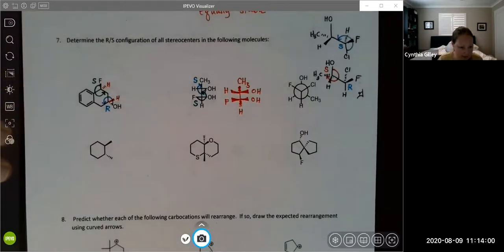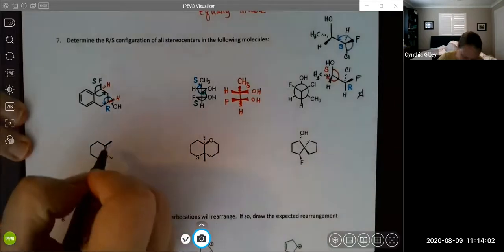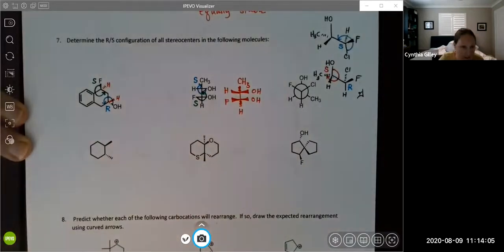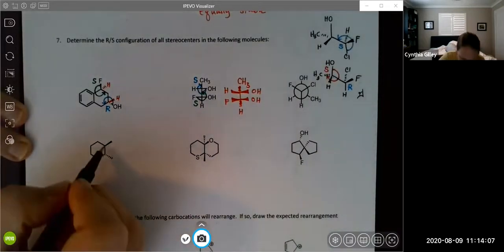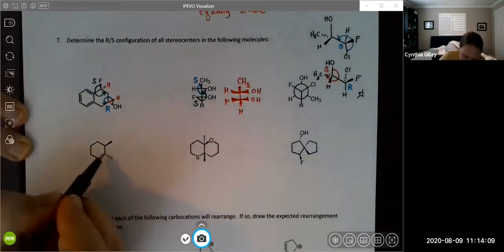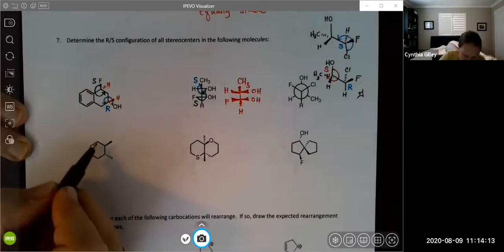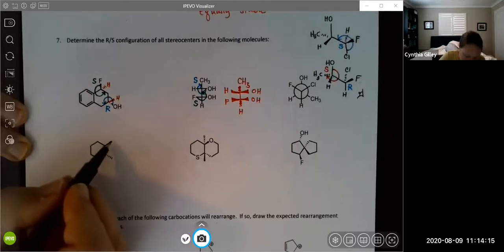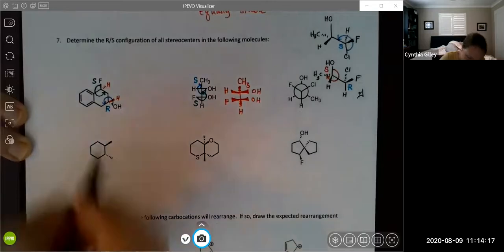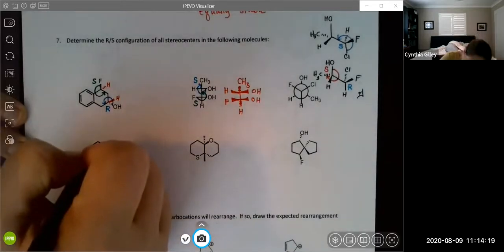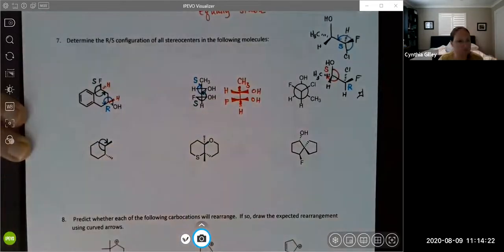Okay. So the next one, we have trans-1,2-dimethylcyclohexane. So in terms of the priorities for this carbon, this one is the highest priority because it's going to have 2 carbons attached, then this one that has 1 carbon attached, then this one that has only hydrogens attached. So it's going to go 1 to 2 to 3, with the hydrogen pointing back in this case.